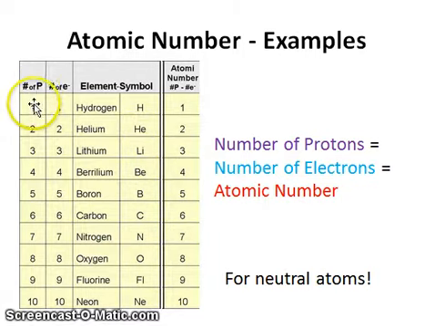We have on the first column the number of protons, and because these atoms are neutral, the number of electrons will also be equal to the number of protons. And this number right here will be equal to the atomic number of this element. So again, same definition, number of protons is equal to the atomic number.